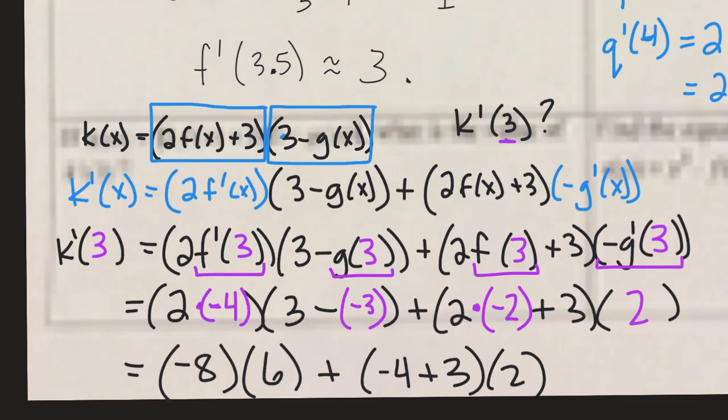This is -48 plus -1 times 2, which is -2, is -50. Just kidding. I forgot to bring down the negatives. Thank you, Francisco, for that. So this should be -48 plus 2, which looks like it's -46. There we go. That's better.